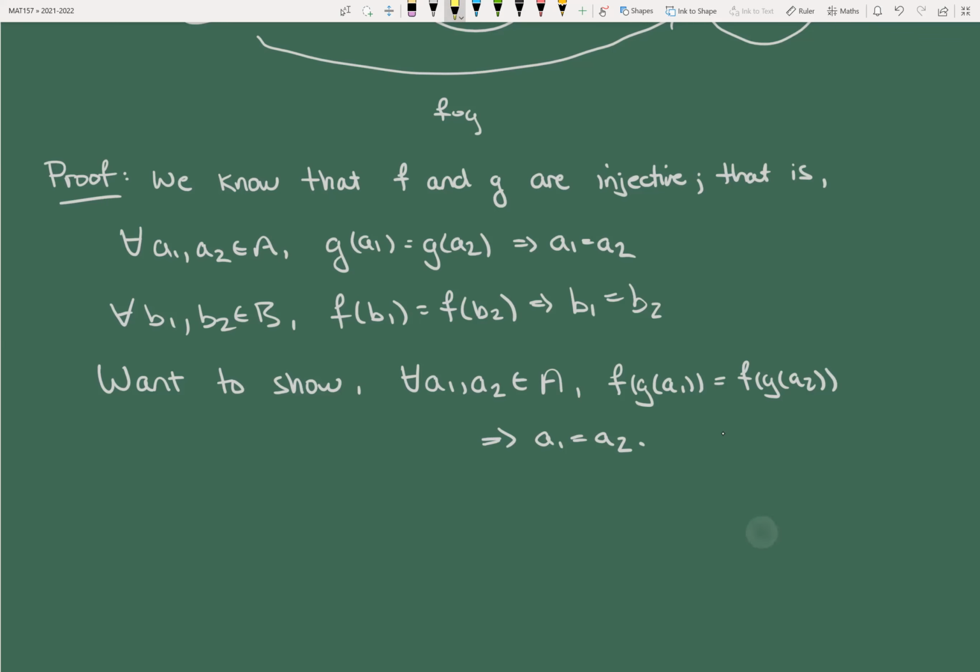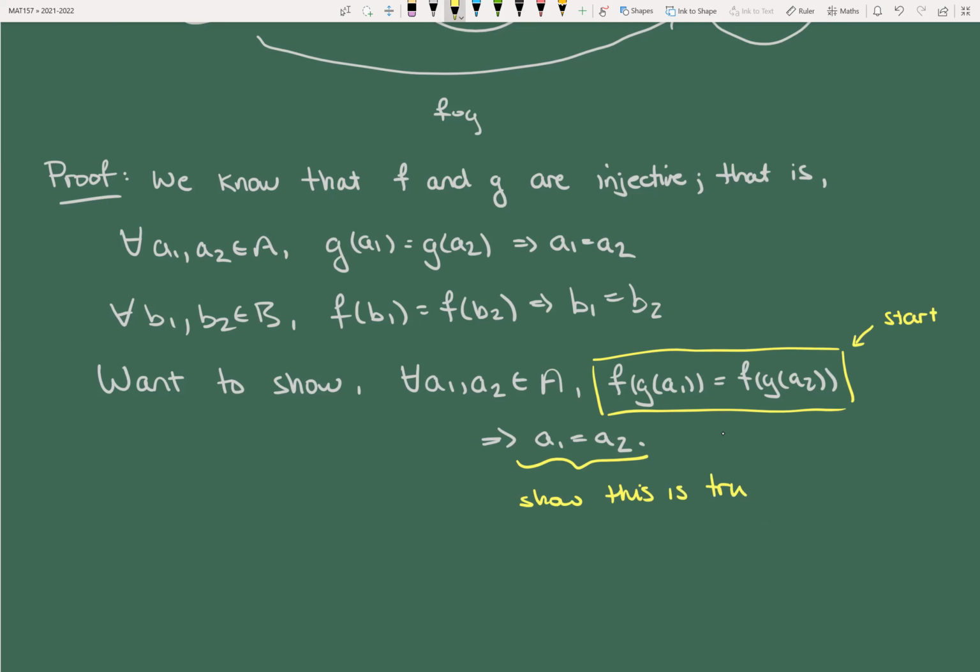Okay, so we need to start here. This is what we need to do. We're going to start by assuming that this is true, and then we're going to show that this is true. And we've only got two tools, these things right here.